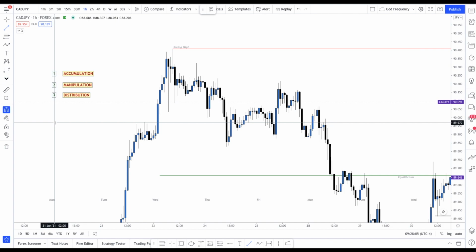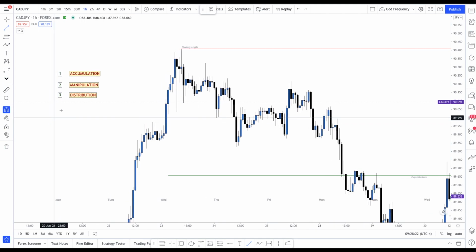So you want to see where you are in the phase of the market. Within the power of 3, you want to see the opening, the high or the low, and the close. In this instance, we're looking to go bearish.